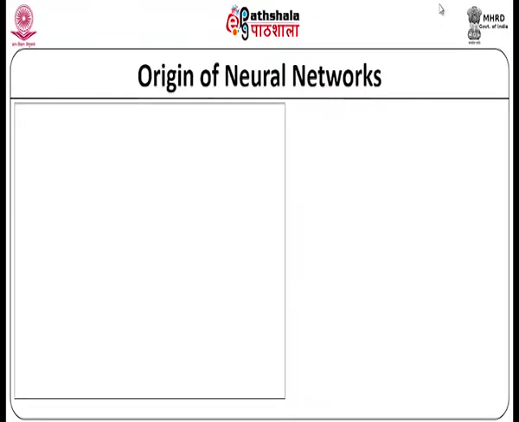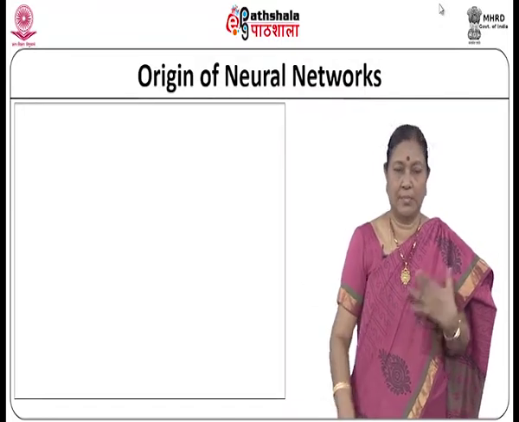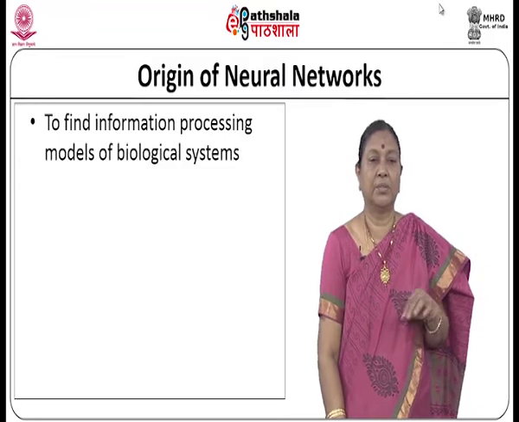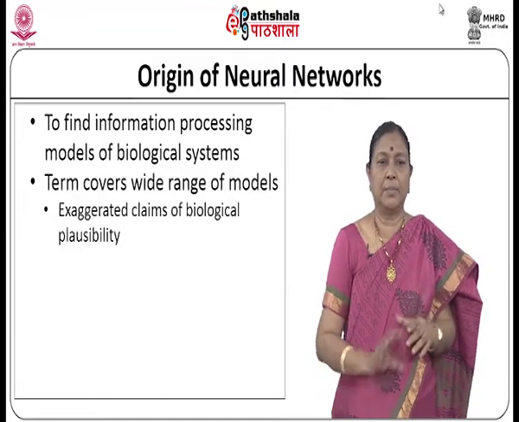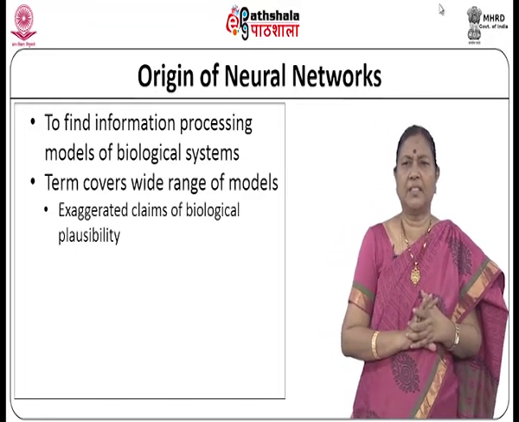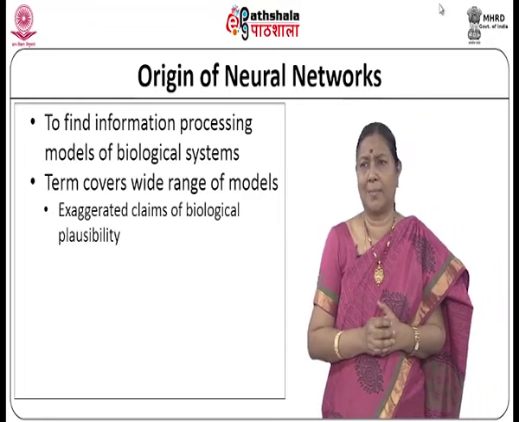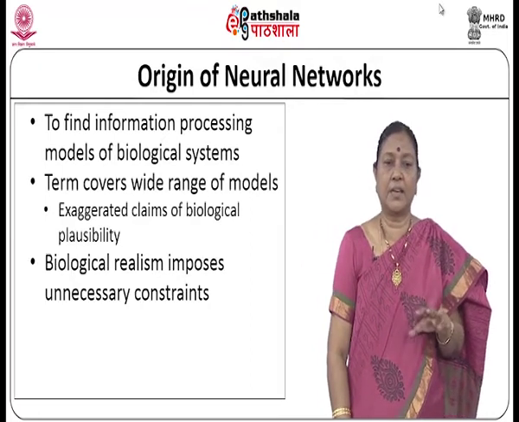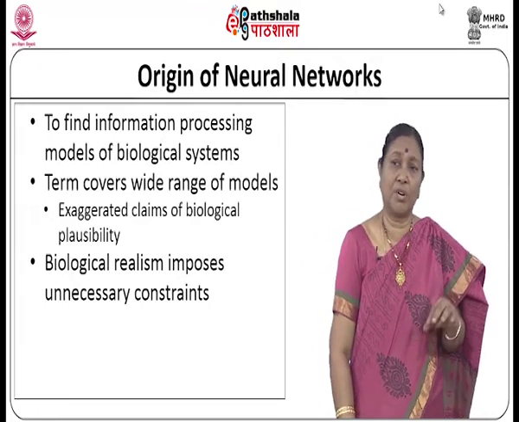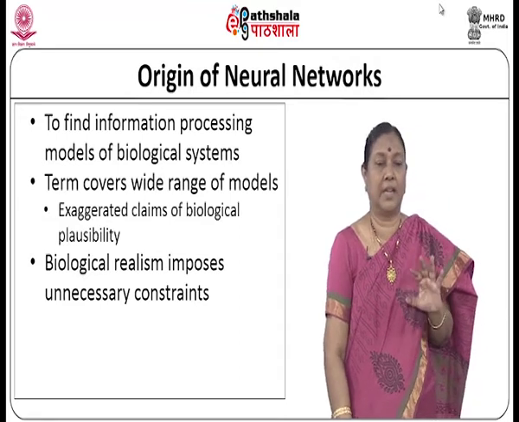Now, let us go back to the origin of neural networks before we go further. The aim was to find information processing models of biological systems; the term covers a wide range of models, with exaggerated claims of biological plausibility. Actually, it is just a basis, that is all. Biological realism imposes unnecessary constraints, so a lot of biological realism we are taking away.